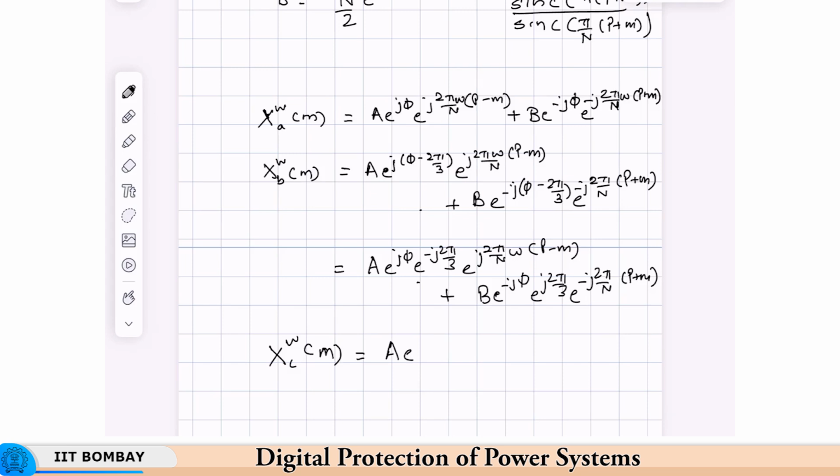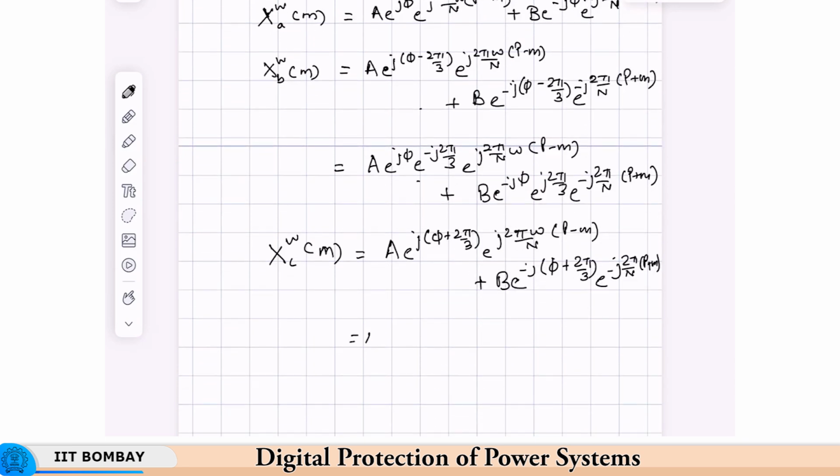Then you will get a e raised to j 5 plus 2 pi by 3 in this case, and j 2 pi w p minus m plus b e raised to minus j 5 plus 2 pi by 3 e raised to minus j 2 pi by n p plus m.